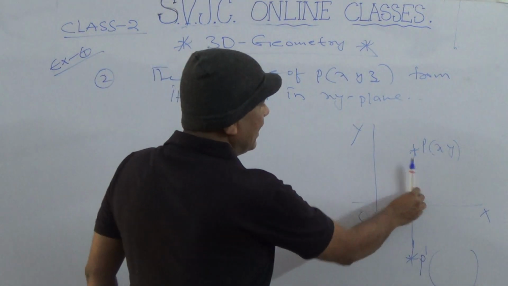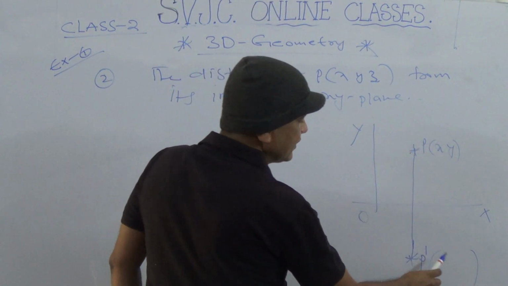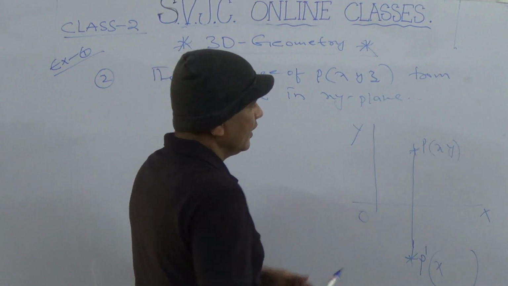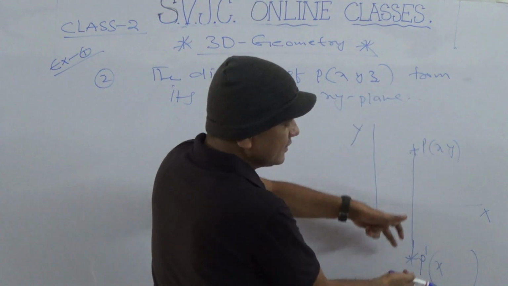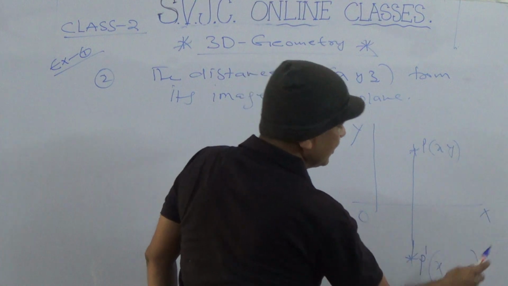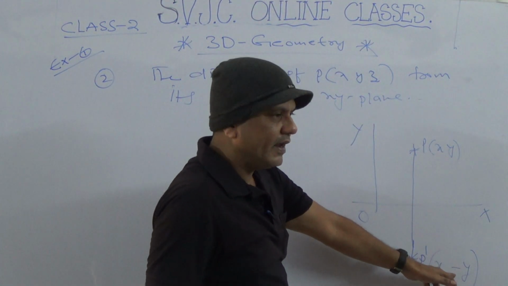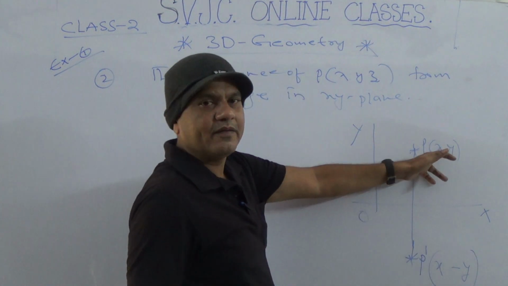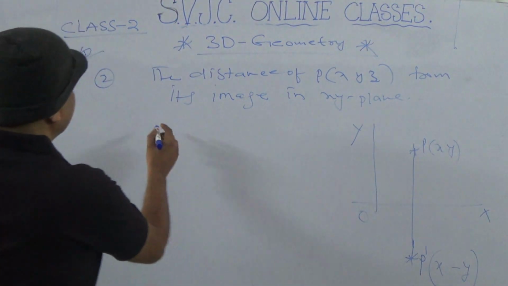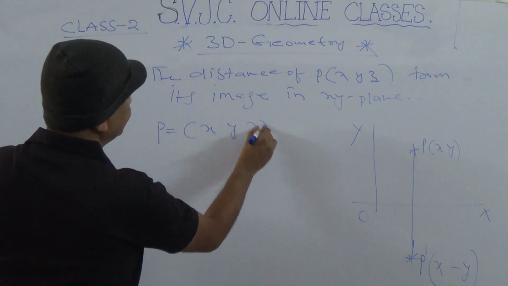This line is parallel to the y-axis, so the x coordinates are the same. This is the positive y-axis and this is the negative y-axis, so the sign of the y coordinate will change. That means P dash is (x, minus y), the image of P(x, y) in the x-axis.